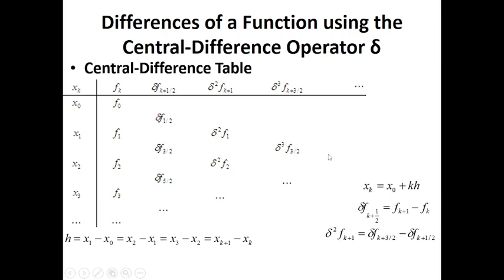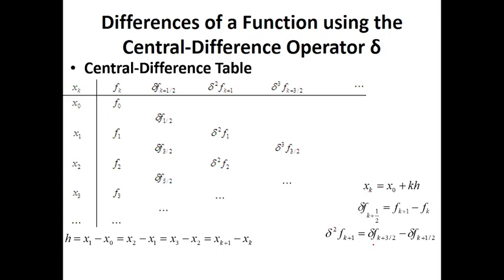In this case, we have the second central differences of a function. In obtaining the second central differences, this is delta squared f sub k plus 1. So how do we determine this?